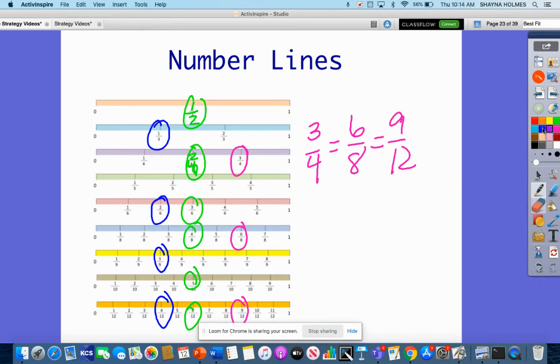Now in purple, 1/6 and 2/12 are equal. And 5/6 and 10/12 are equal.